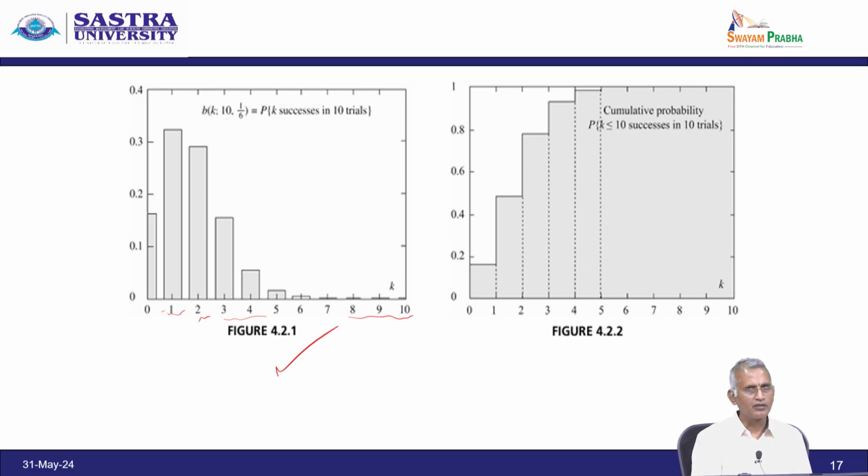We have to combine 0 to 1, 1 to 2, 2 to 3 and so on up to 6, so that the cumulative probability of k is less than or equal to 10 successes in the 10 trials. So, this way we can demonstrate the graph of the probability distribution in the Bernoulli trial, and based on this we can easily predict, in the interval from 0 to 10 and corresponding 0 to 0.4, the solution to the problem.